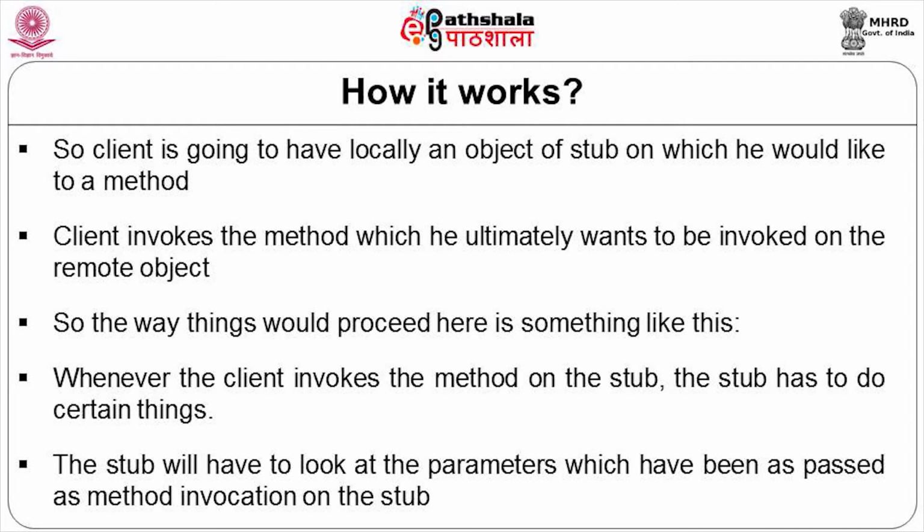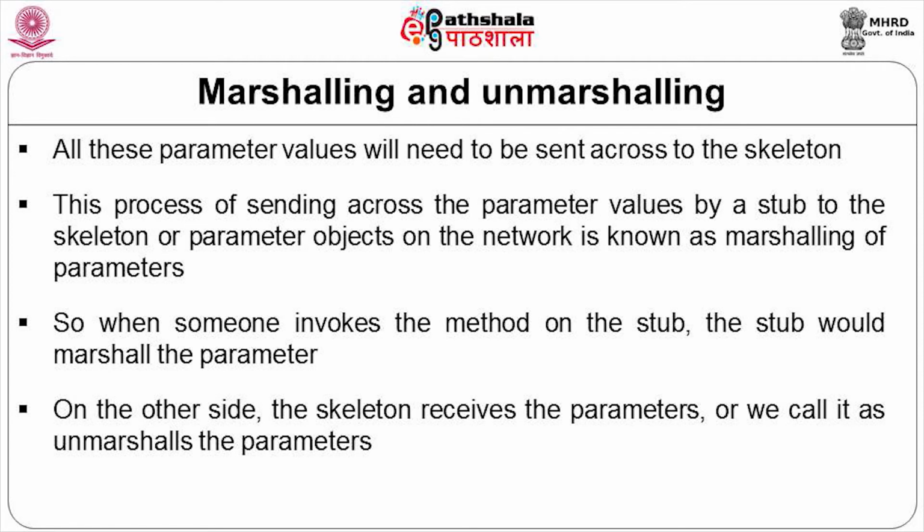So the way things would proceed here is something like this. Whenever the invoker, the client, invokes a method on the stub, the stub has to do certain things. The stub will have to look at the parameters which have been passed in the method invocation on the stub. All these parameter values will need to be sent across to the skeleton.